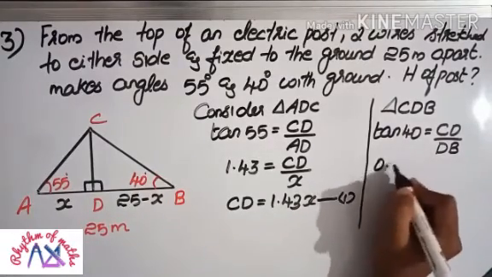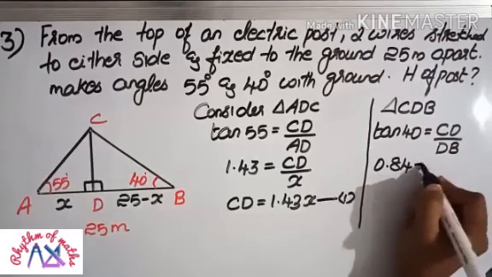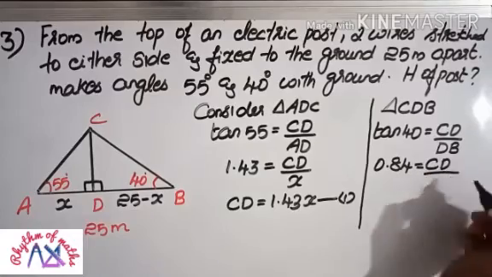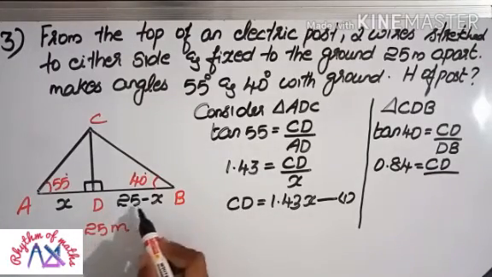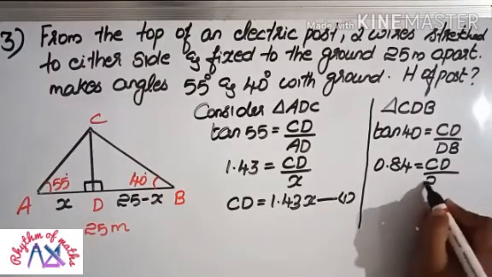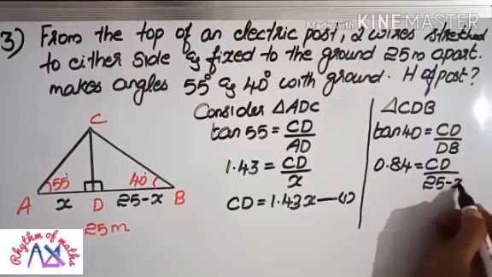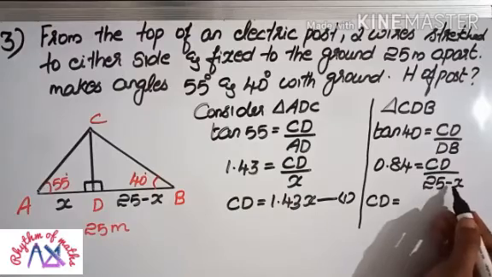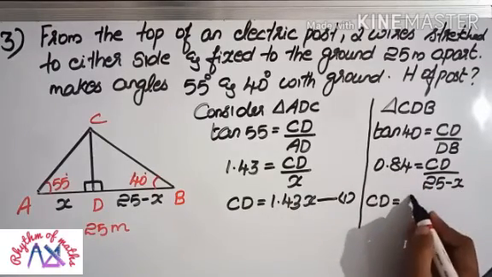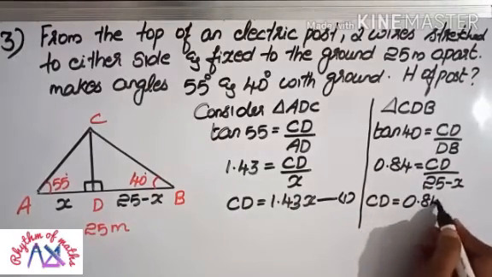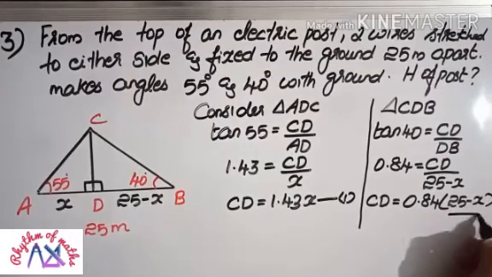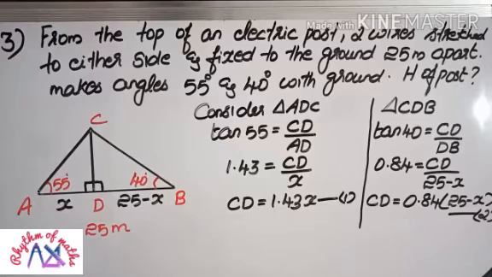Tan 40 is 0.84, equal to CD by DB. DB is 25 minus x. Taking 25 minus x to this side, CD equals 0.84 into (25 minus x). This is the second equation.